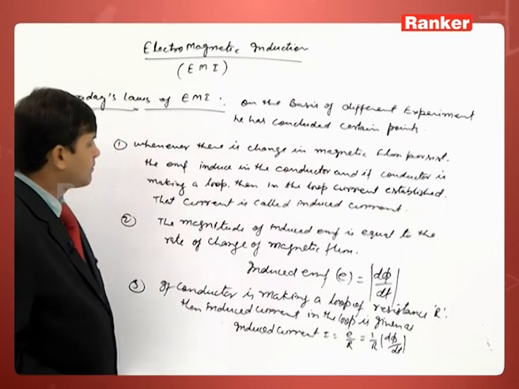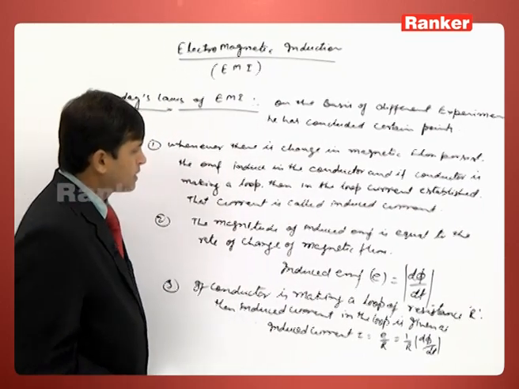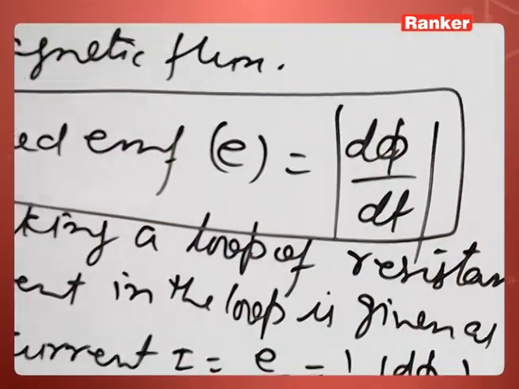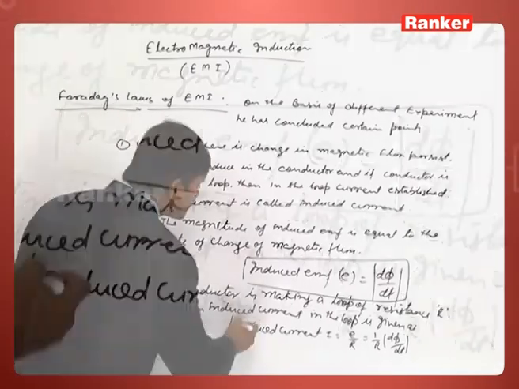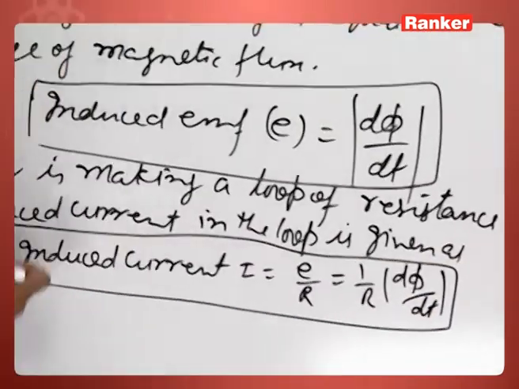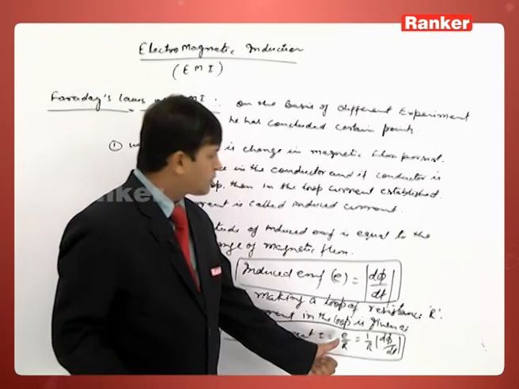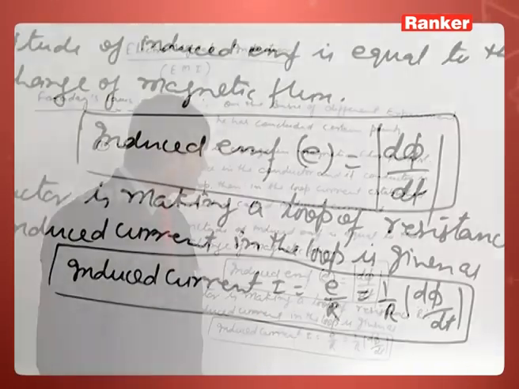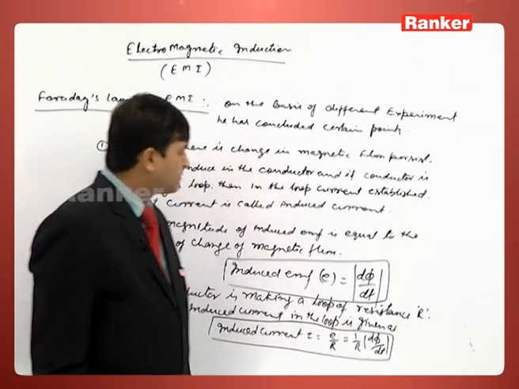This is the meaning of induced current. So this is a very important relation for induced EMF, and this is also a very important relation: induced current I is equal to E by R, where E is the induced EMF and R is the resistance, giving 1 by R d phi by dt.